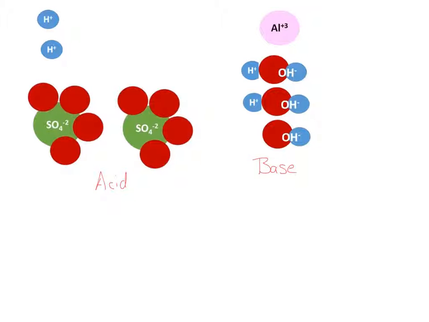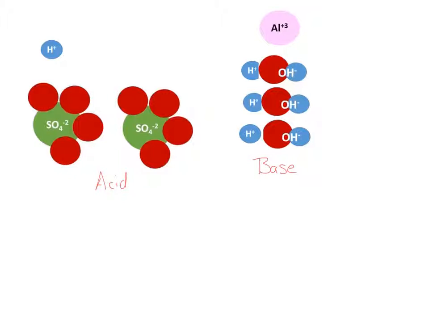So, hydrogen ion with a hydroxide ion. Oh no! Problem! We have a missing hydrogen ion and no corresponding hydroxide ion. So where are we getting the hydroxide ion? Well, from aluminum hydroxide. So what do you think we're going to have to do?